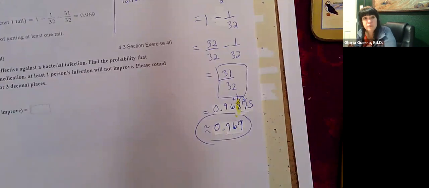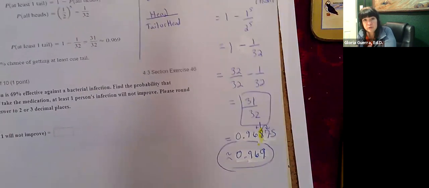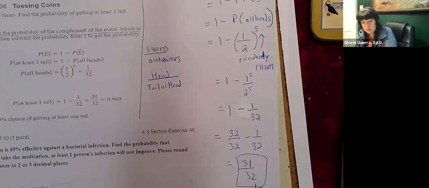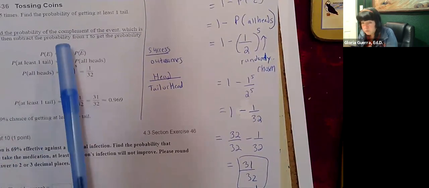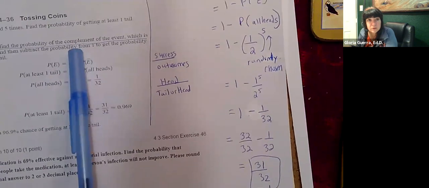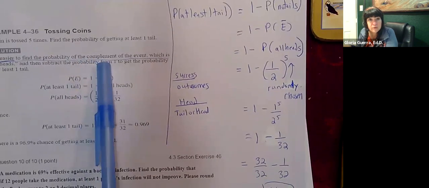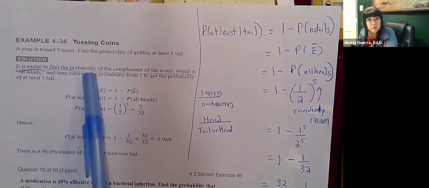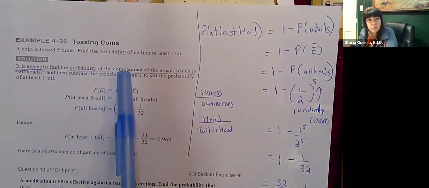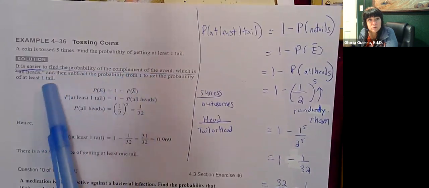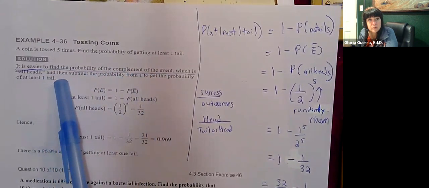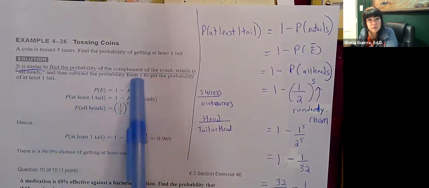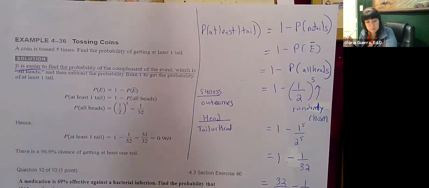Yeah, so you'll have a couple of these on your homework, but we won't put these on the test. These are a little more thought-provoking, and you just have to be careful. But basically, what you're doing is finding the probability of the complement of the event, which is all heads, and then subtracting that probability from 1 to get the probability of at least 1.